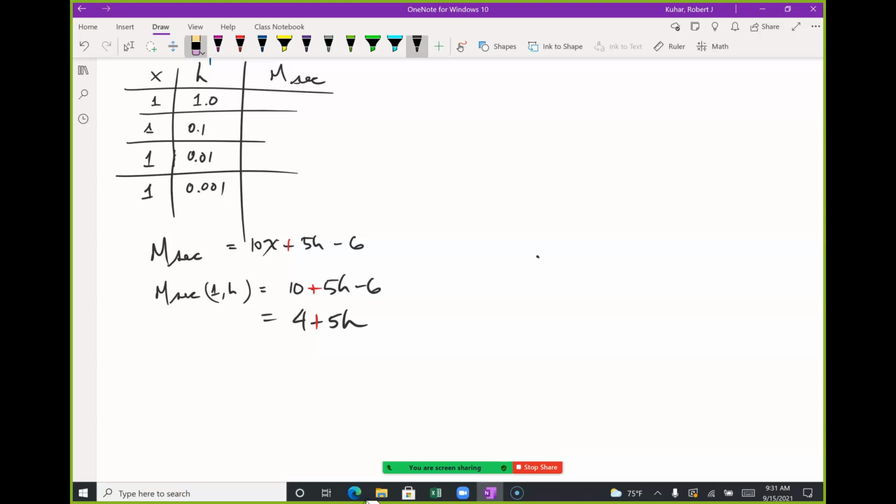So when I plug in h is 1, I get a slope of 9. When I plug in h is 0.1, I get a slope of 4.5. When I plug in 0.01, I get 4.05. And when I plug in 0.001, I get 4.005.